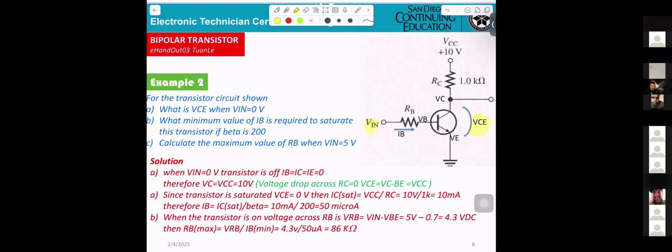I'll try to explain to everyone. First thing, you see 0 volt here, so this diode here will be off anyway, correct?